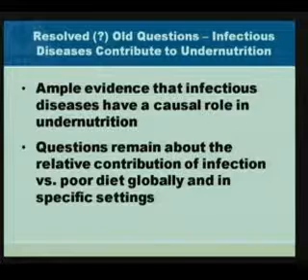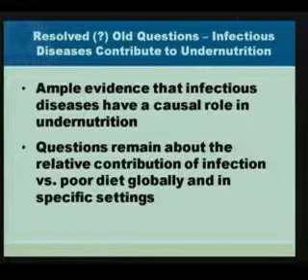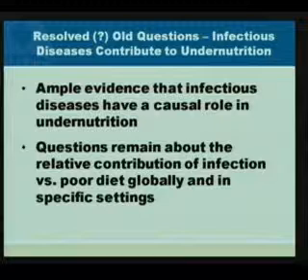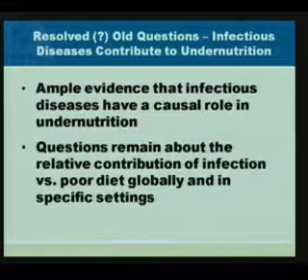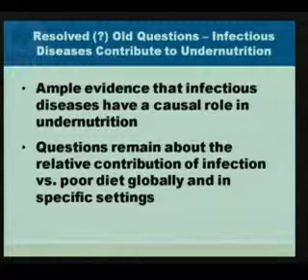This is somewhat by way of summary of the two excellent presentations we've heard. In regard to the infectious disease contributions to undernutrition, I would say that we now have quite ample evidence that infectious diseases have a causal role in undernutrition. But we still have a lot of questions about the relative contribution of infections and poor diet in specific settings.